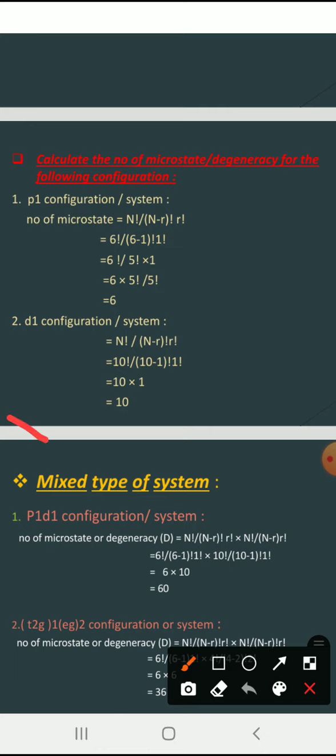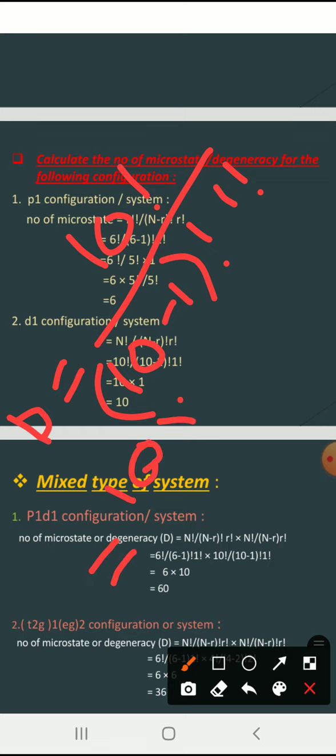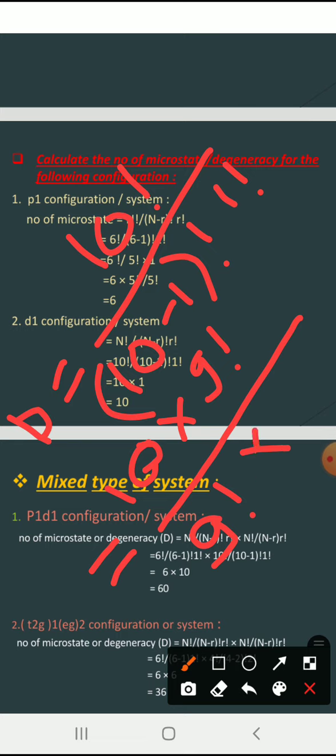Therefore D is equal to 10 factorial divided by (10 minus 1) whole factorial into 1 factorial, which is 10 into 9 factorial divided by 9 factorial into 1. The 9 factorial cancels. For the d1 configuration, the number of microstates we get is 10.